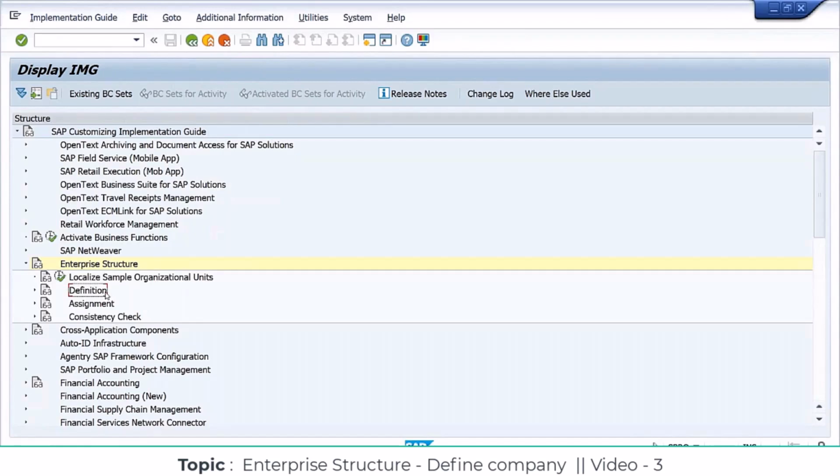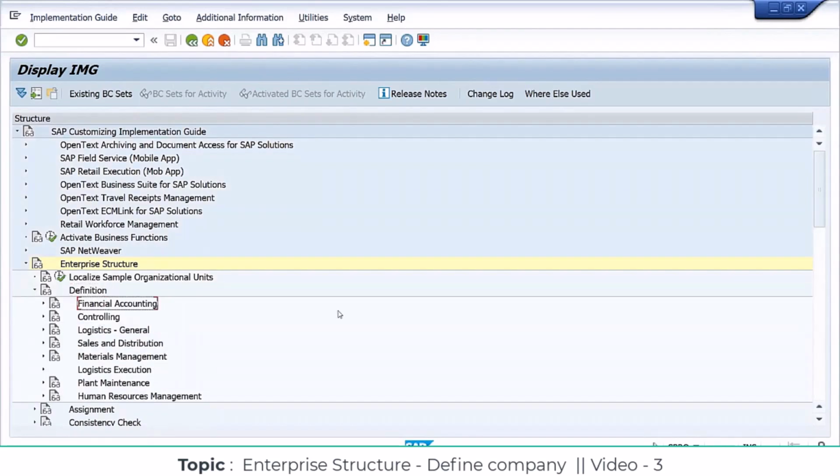Once we're done with the definition, then we work with the assignments, where we maintain the link between one organizational unit and the other. So let's start working with the definition side. If you get into definitions, we have different modules: financial accounting, controlling, logistics general, sales and distribution, MM, LE.